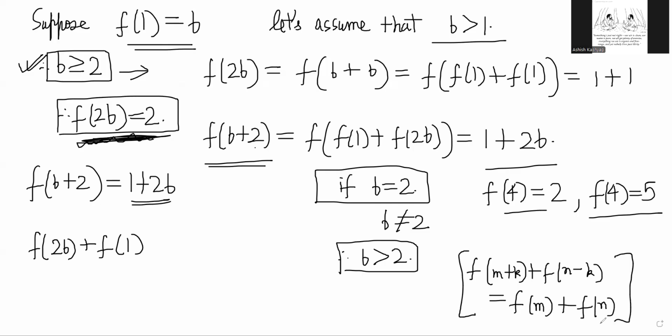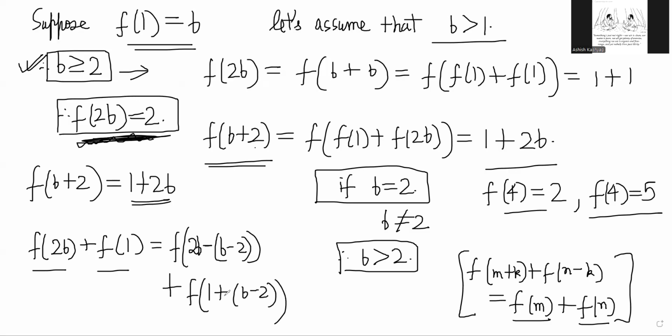Because the function was an injective function, this condition was true earlier, we had proved, and now I'm going to use that here. So when I do f of 2b plus f of 1, I can rewrite it as f of 2b minus b minus 2 plus f of 1 plus b minus 2, right? I'm just applying this condition right now here, okay?